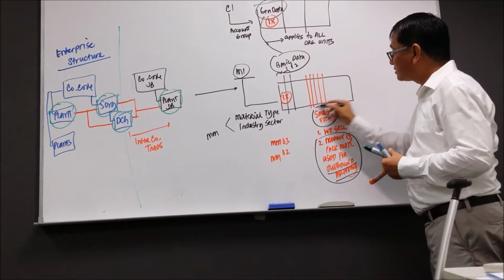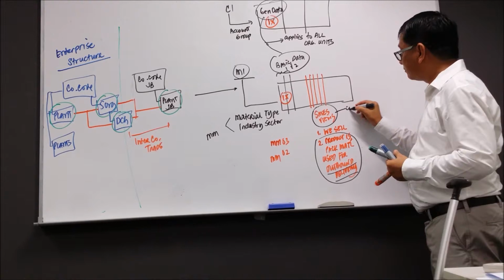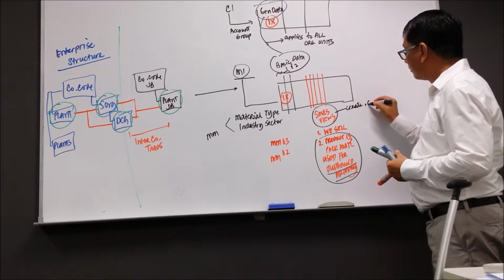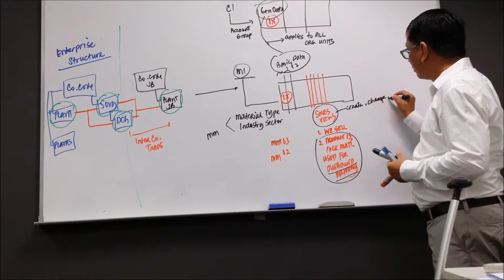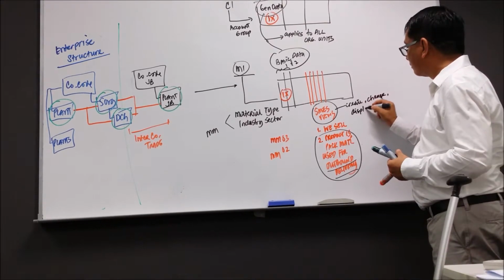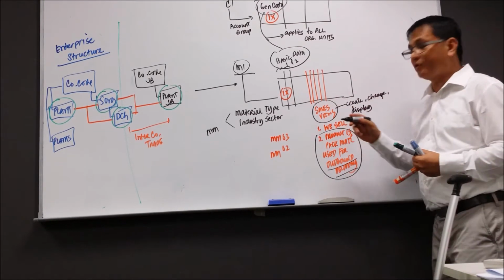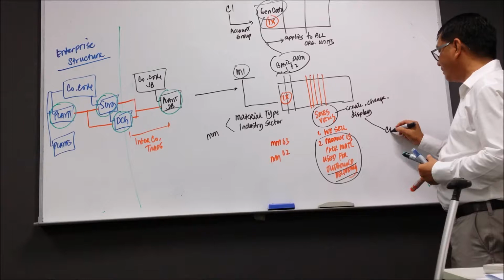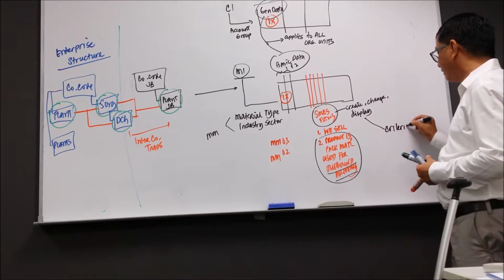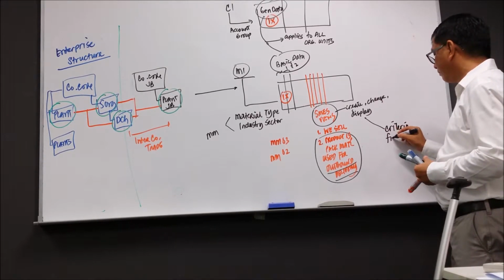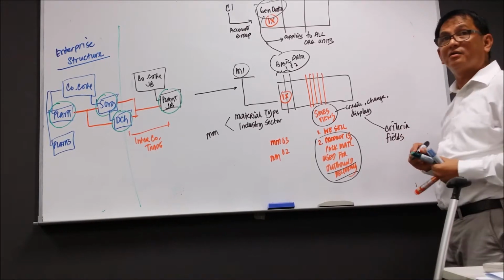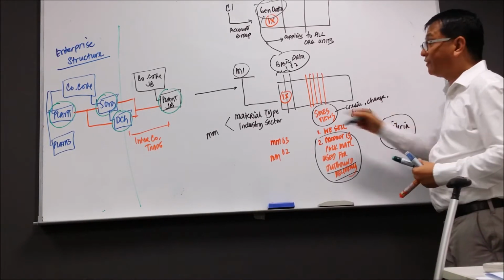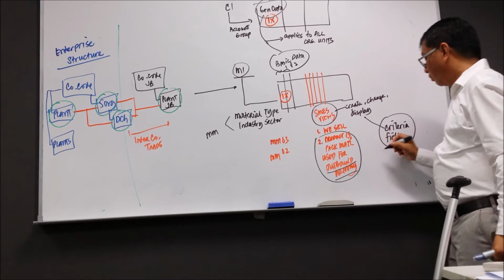So this sales view to create, change, or display the sales view, SAP says, give me the 3 criteria fields. Those 3 criteria fields are those 3. What is the plant?